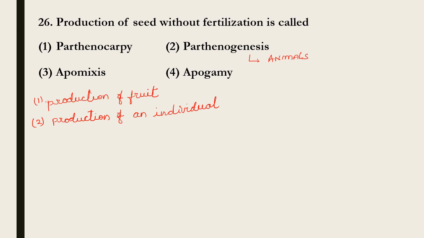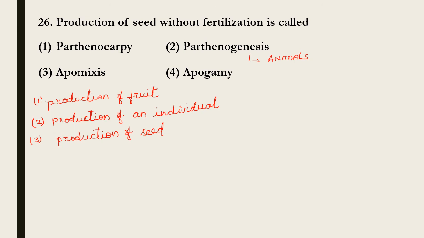The third one is apomixis, defined as the production of seeds without fertilization.